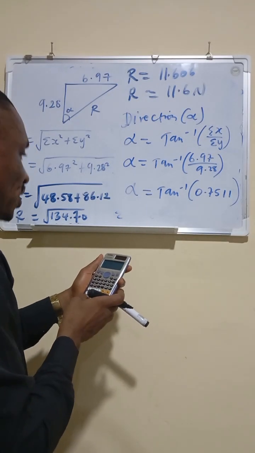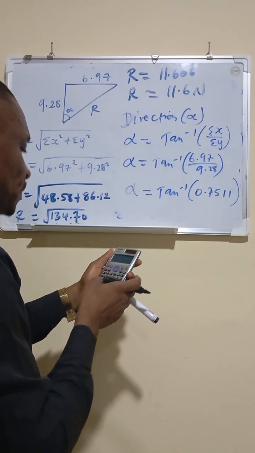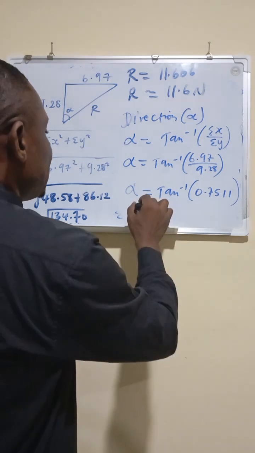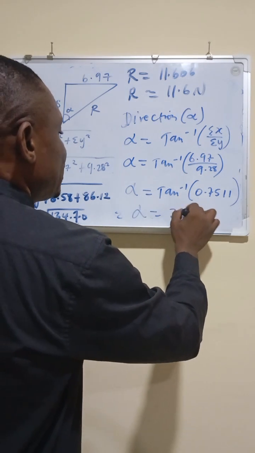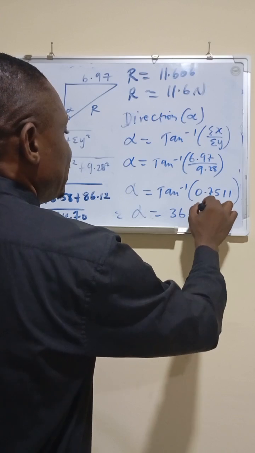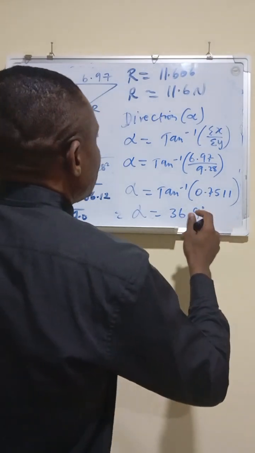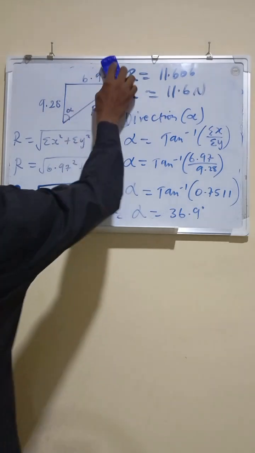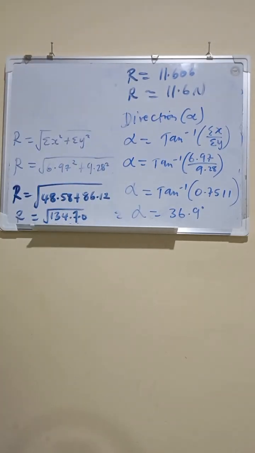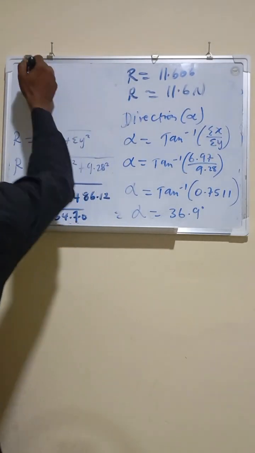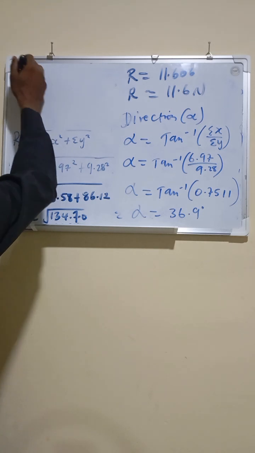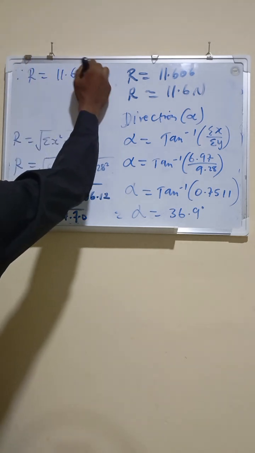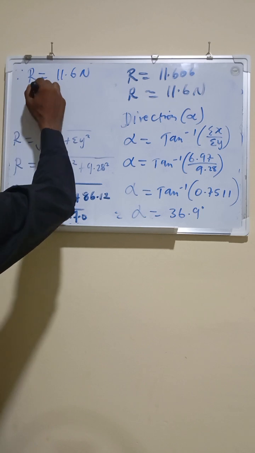So if you press shift tan, you will have tan inverse of 0.7511, which gives me alpha equals 36.9 degrees. Because you have to give it a direction, the resultant is 11.6 Newton, and alpha is this.